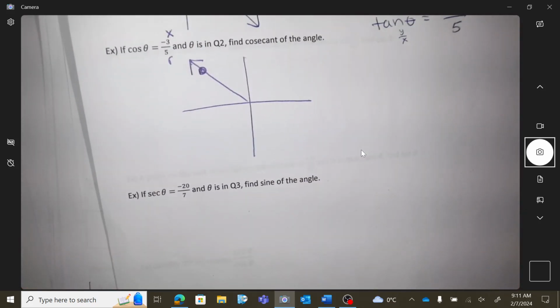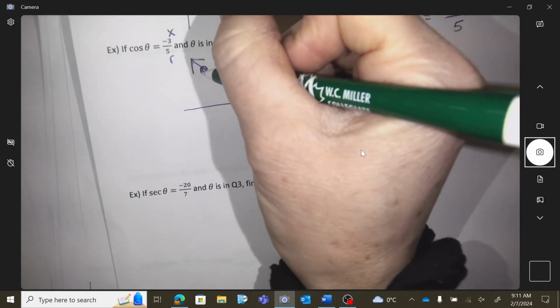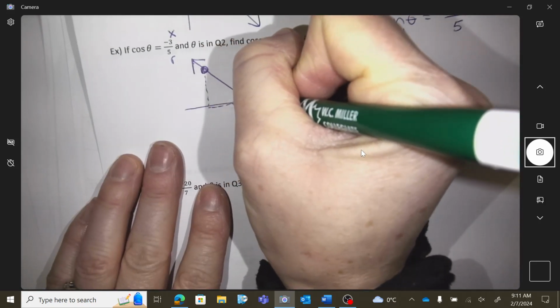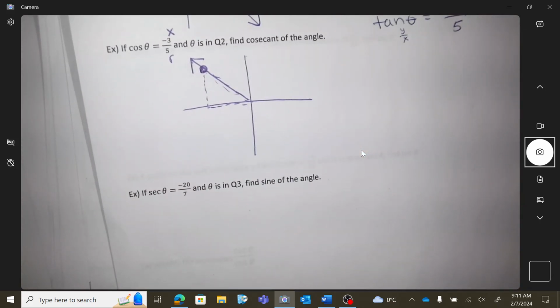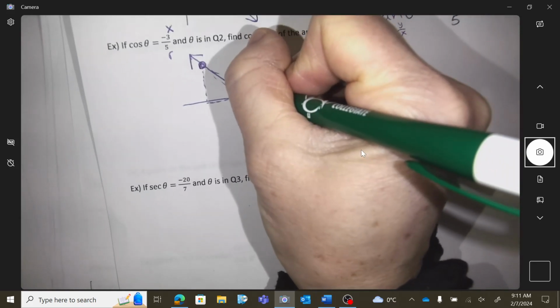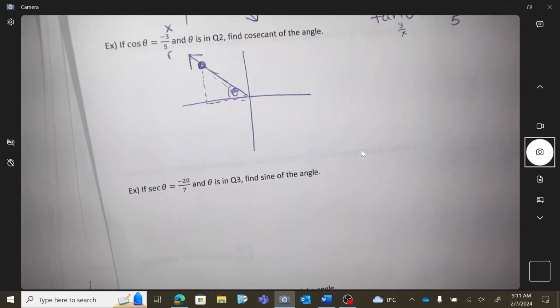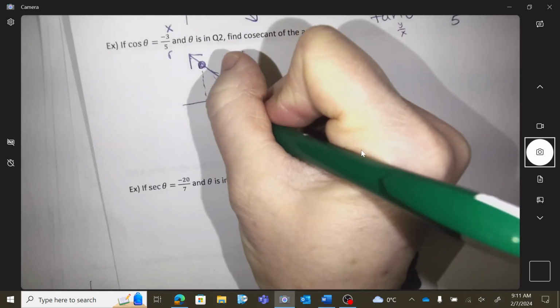So we're somewhere in quadrant 2 with a coordinate. There's my triangle. So I'm going to put the -3 on the x part of the triangle. I'm going to put a 5 on the radius part of the triangle.